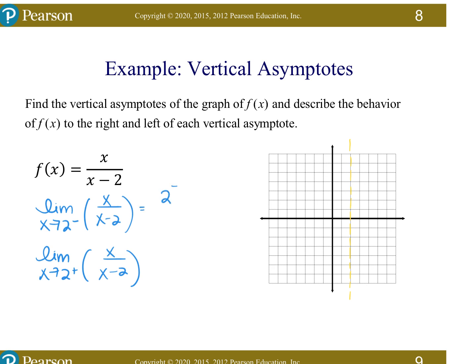I'll get 2 minus over 2 minus minus 2. So the numerator is going to be 2 minus, and the denominator will be 0 minus. So we want to think, my numerator is what kind of number? Positive. My denominator is what kind of number? Negative.